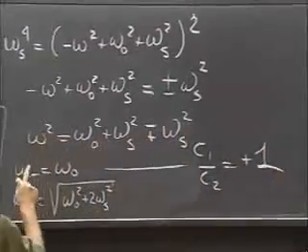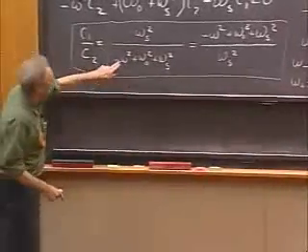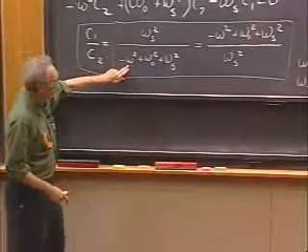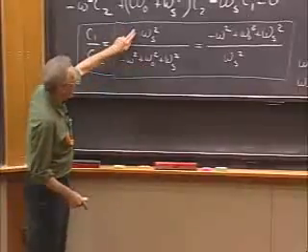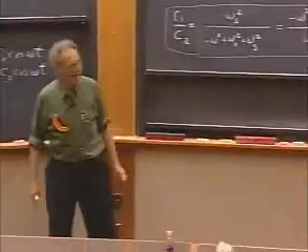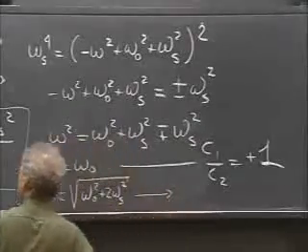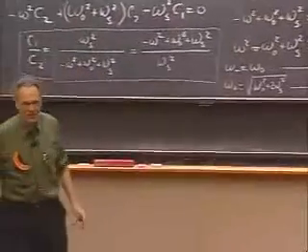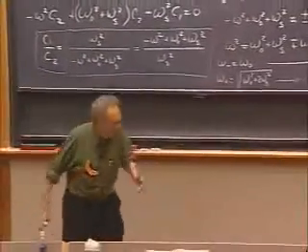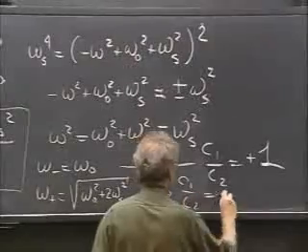If you take this omega 0 and you put it in here, you get omega 0 squared with a minus sign. With a plus sign, you have omega s squared divided by omega s squared, that is plus 1. And now you take the second solution and you put it in here. What do you think you're going to find? Minus 1. C1 over C2 is now minus 1.